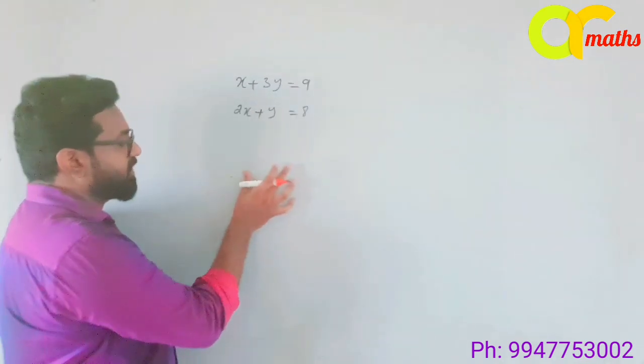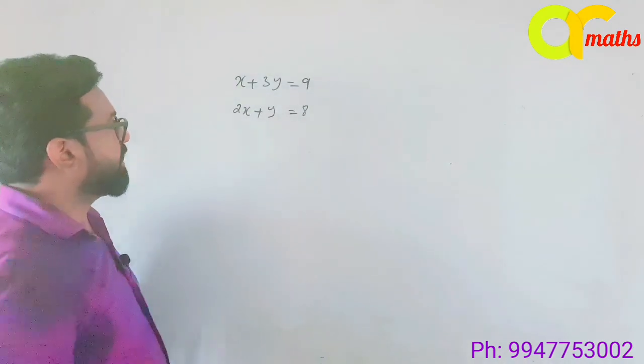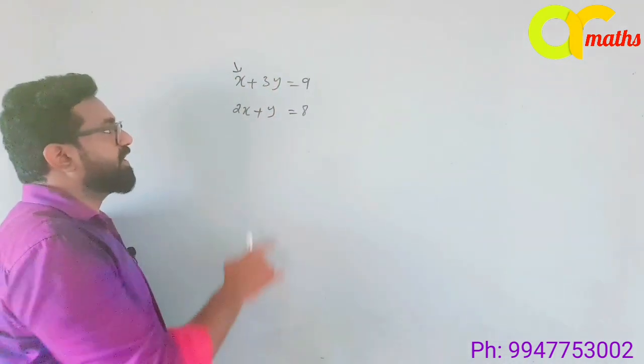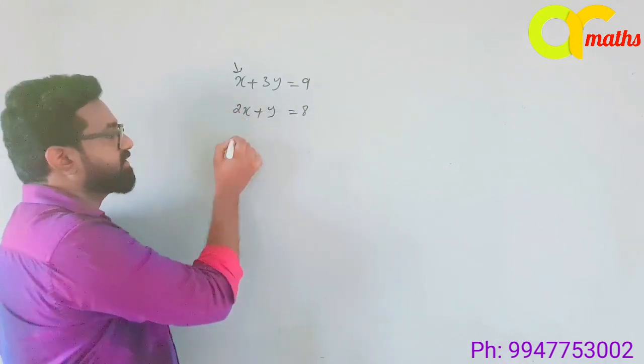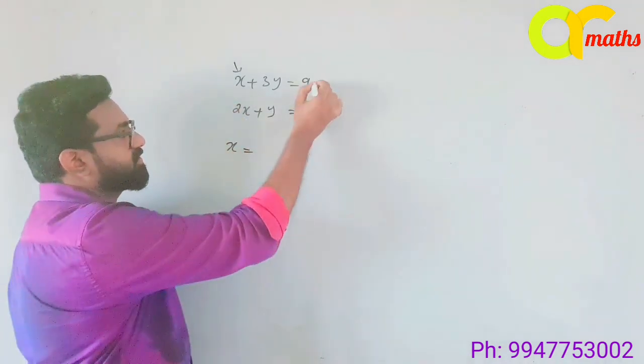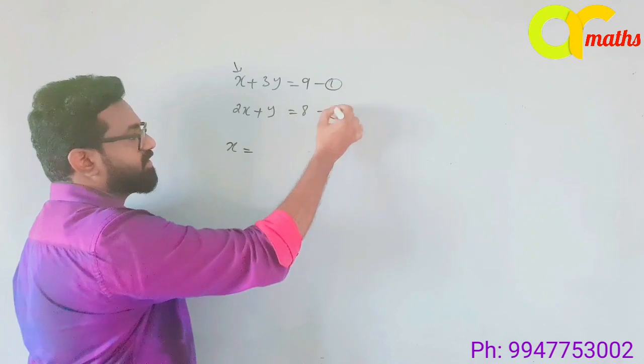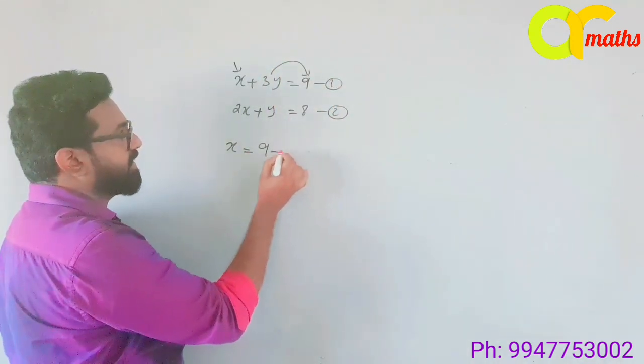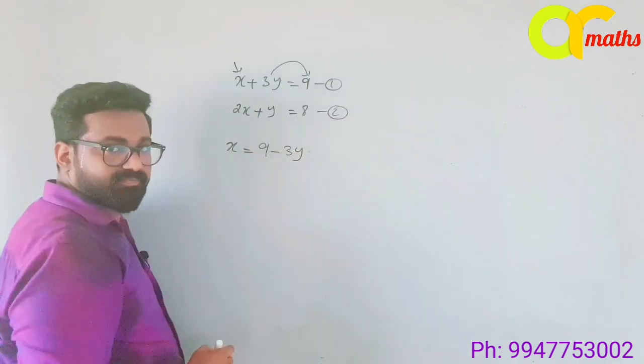Is any equation x itself? Yes, here. Can you find x from here? Yes. What is x? This is the first equation, this is the second equation. What is x here? x equal to 9 minus 3y.